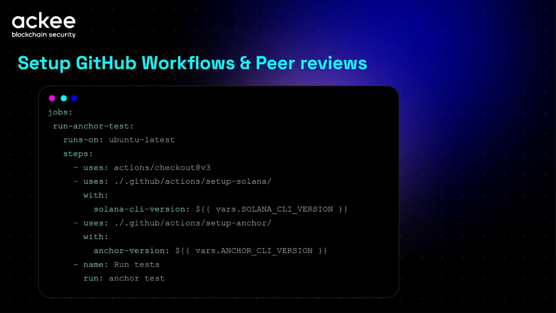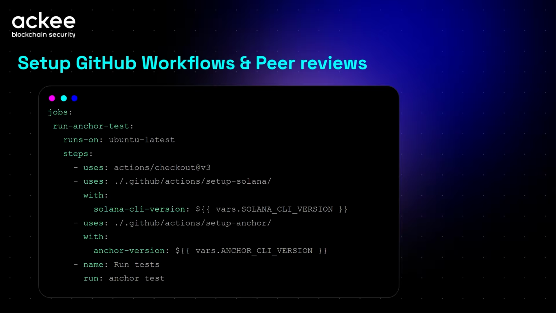This is very good for setting up some actions, for example, on pull requests, so that the pull request has to pass some checks. One of them should be that the Anchor tests pass. This is one point, and then of course peer reviews should be done also. If you are the only developer, then it's not feasible.